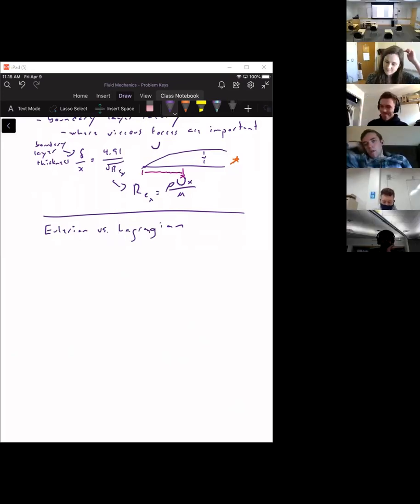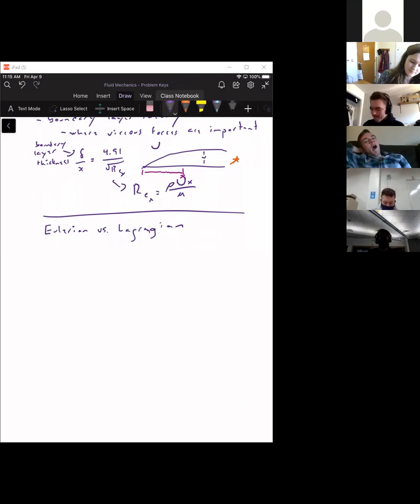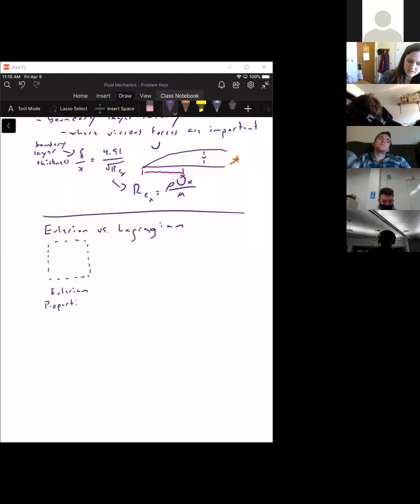Eulerian is a fixed volume, whereas Lagrangian would be treating it as little tiny packets of fluid that we track. Yeah, so Eulerian sees properties change over a field. So for example, you could say rho is equal to 2x i hat plus 3y j hat or something.